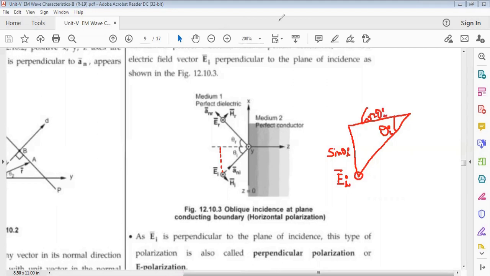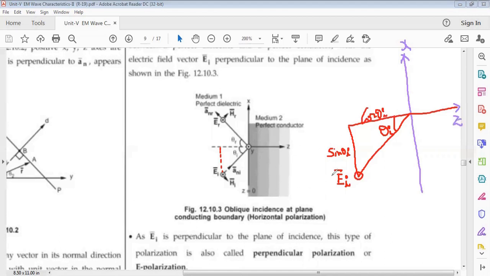Okay, and the boundary surface line is towards the x-axis, and the wave is propagated towards the z-axis. This is the z-axis, my friends.